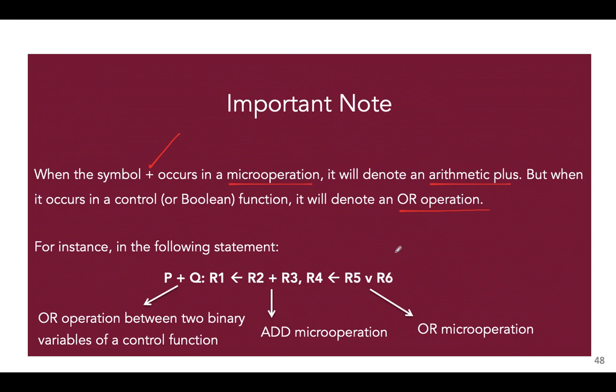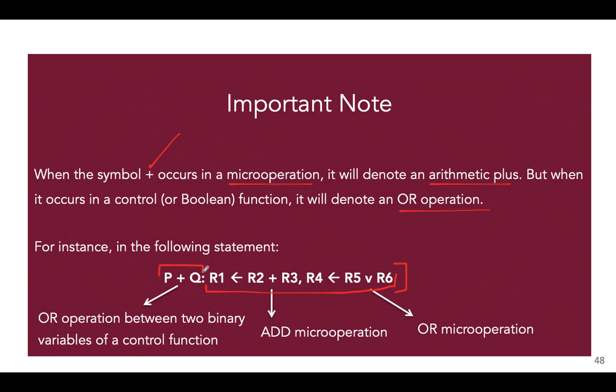And here's an example to illustrate that point. Now remember, the part of this statement before the colon is the control function, and after that is the register transfer statement. So this is the microoperation part, and this is the control statement.